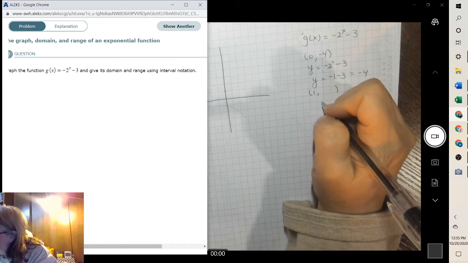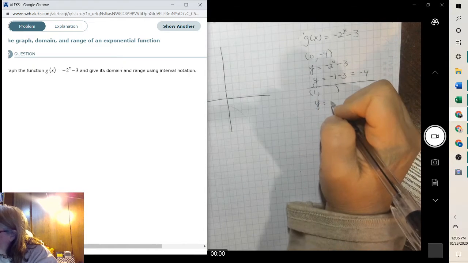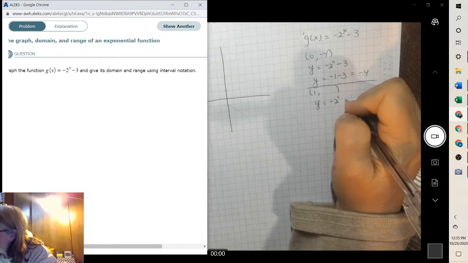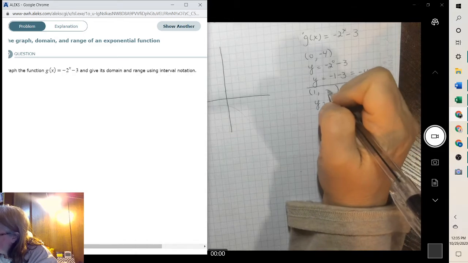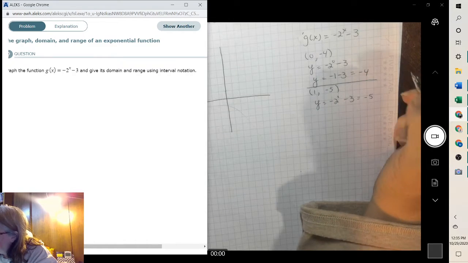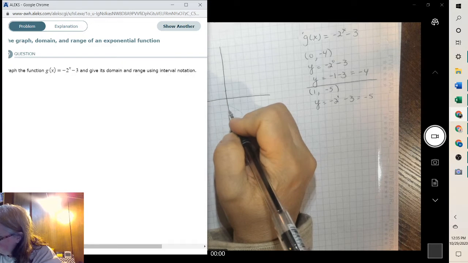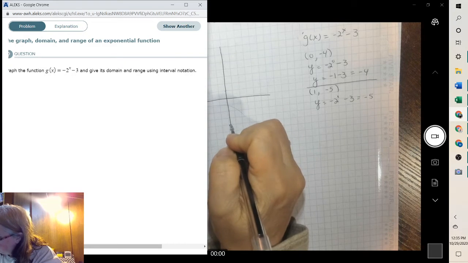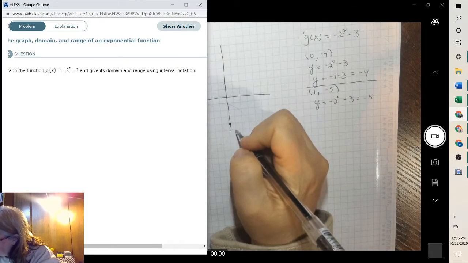If we plug in 1, -2 to the first minus 3 is -5. So we have 0, -4, and we have 1, -5.